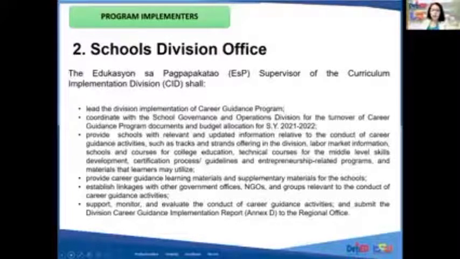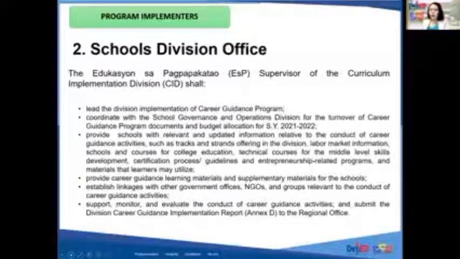And then the ESP supervisor's task shall also establish linkages with other government offices, NGOs and groups relevant to the conduct of career guidance activities, no?